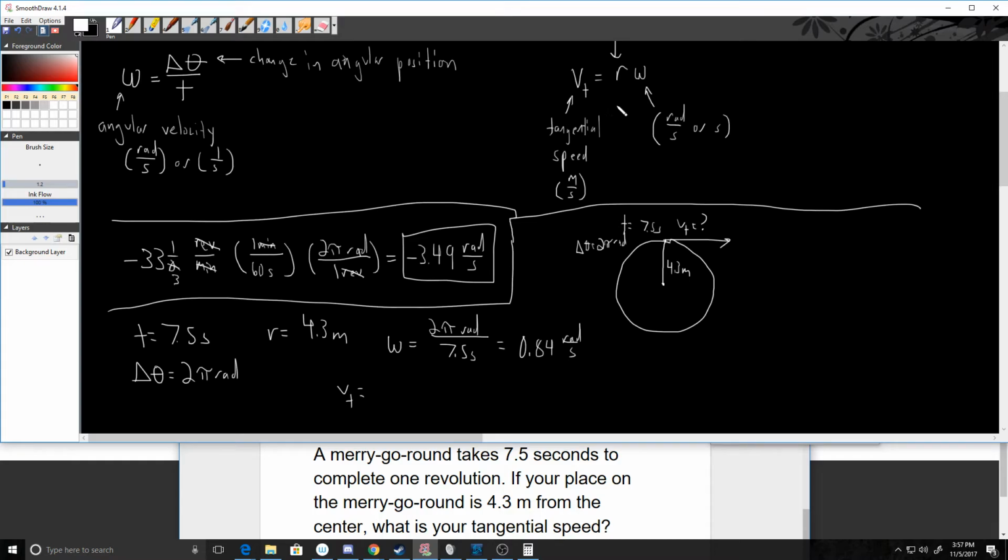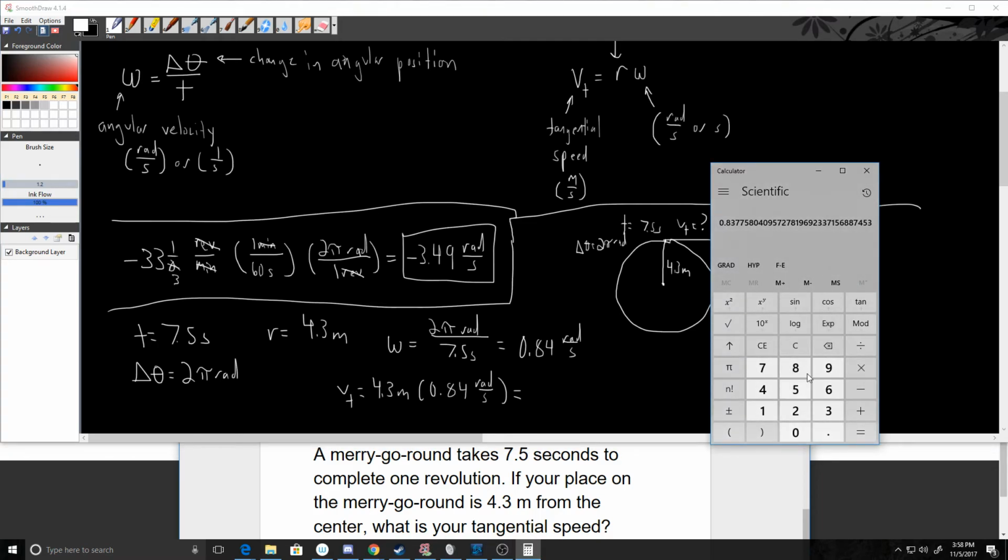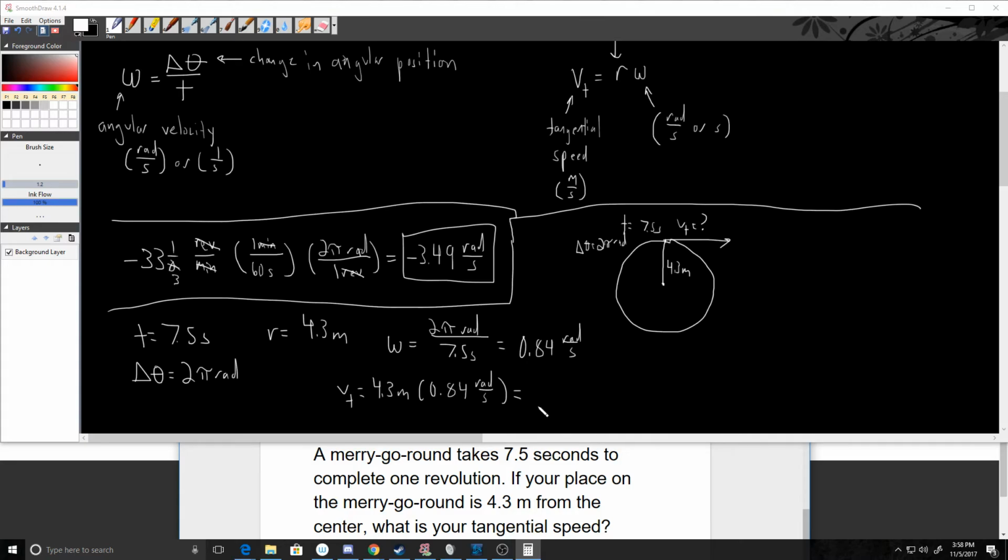So I'm going to take my radius, 4.3 meters, times our angular velocity, which we figured out was 0.84 radians per second. All right, calculator time. We'll just take that times 4.3. 3.6 is what we get. So we got a tangential velocity of 3.6 meters per second.